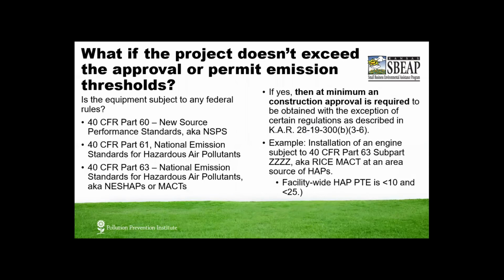If the PTE of your new or modified equipment or process does not trigger approval or permit thresholds, but the equipment or process is subject to certain federal regulations called New Source Performance Standards, or NSPS, from 40 CFR Part 60, or National Emission Standards for Hazardous Air Pollutants, called NESHAPs, also known as MACT standards, from 40 CFR Part 63 or 40 CFR Part 61, you will be required to obtain an approval prior to commencing any construction.